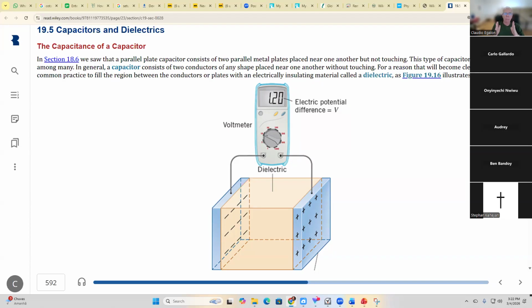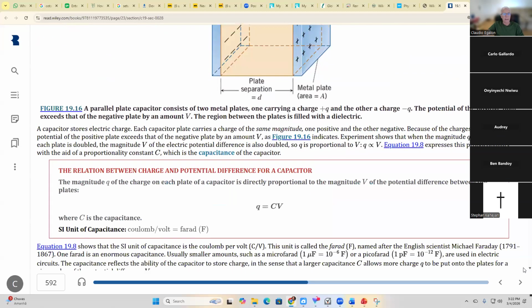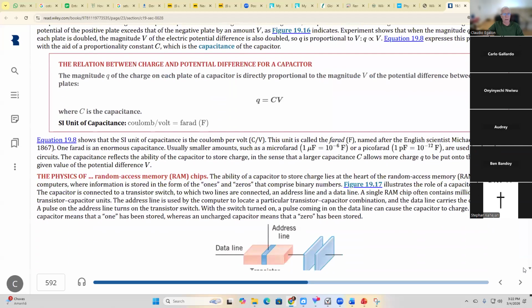And you put a multimeter connected to those two plates before you insert the dielectric, and you measure an electric potential difference. When you insert the dielectric, the electric potential difference also decreases. That happens in real life. This is not some far out theory that doesn't explain the world, right? This theory explains the world very well. And that's what he's illustrating right in here.